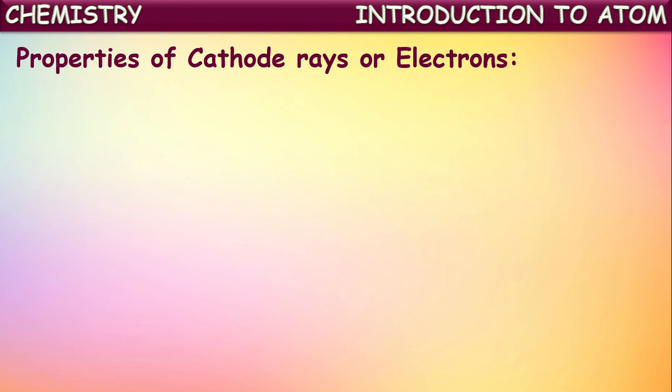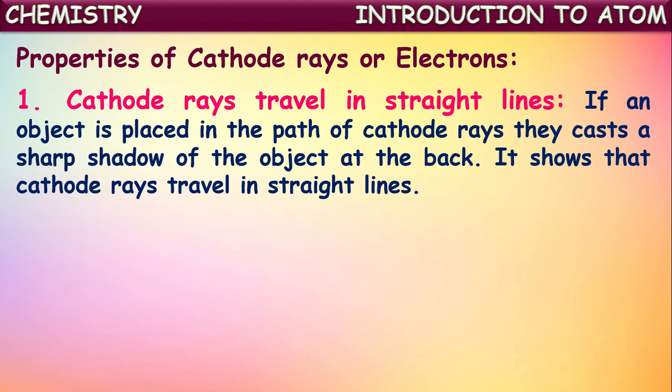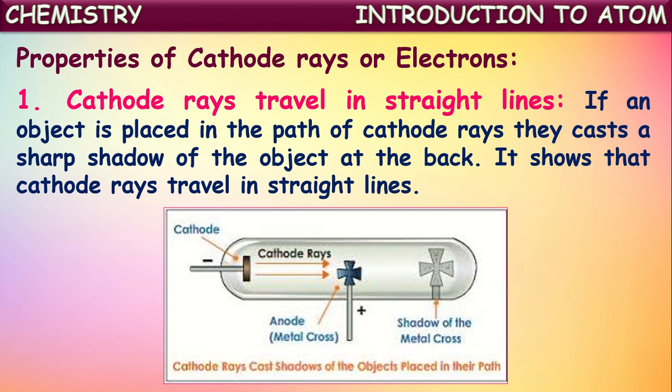Now let us see the properties of these cathode rays, which we now call electrons. Cathode rays travel in straight lines. If an object is placed in the path of cathode rays, they cast a sharp shadow of the object at the back of the object. This shows that cathode rays travel in straight lines.